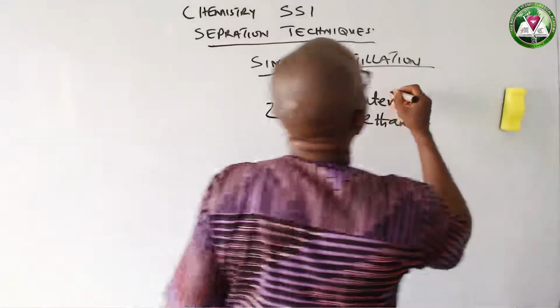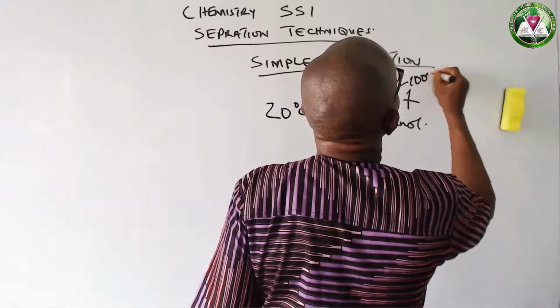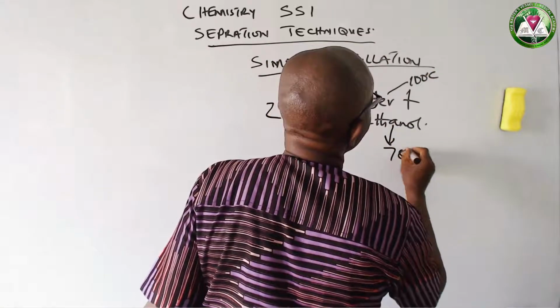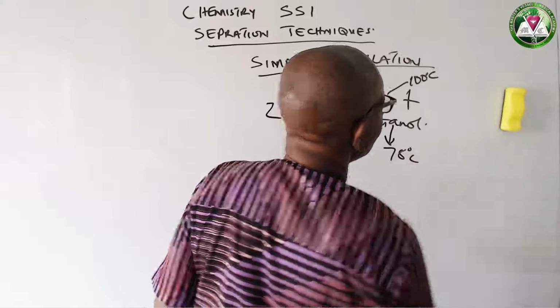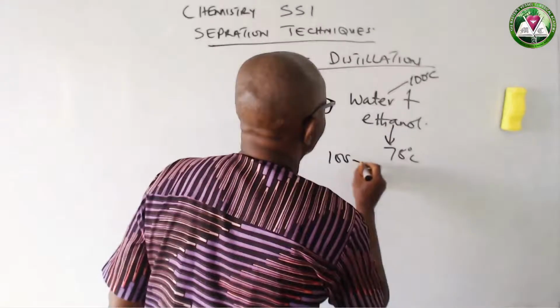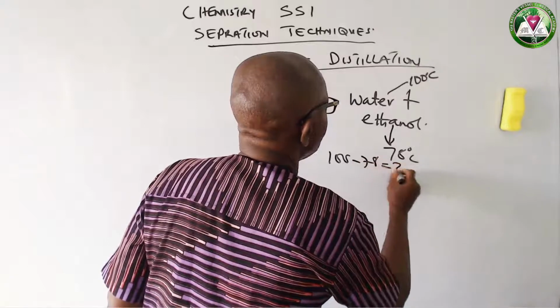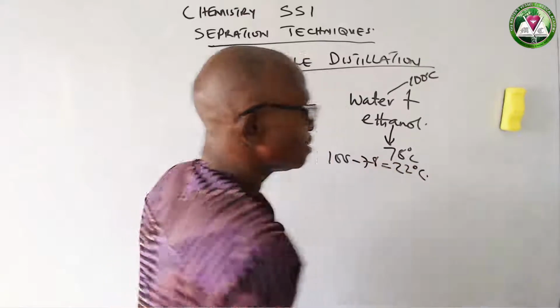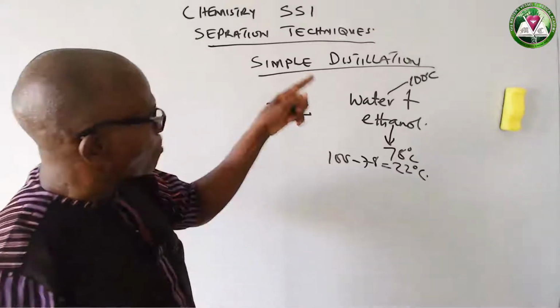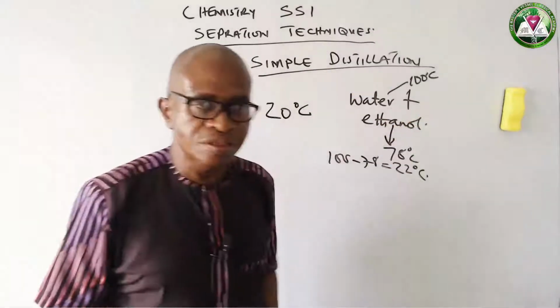Water has a boiling point of 100 degrees centigrade. Ethanol has a boiling point of 78 degrees centigrade. The difference in the boiling point is 100 minus 78, which gives you 22 degrees centigrade. Because the difference in boiling point is more than 20, you can apply simple distillation.